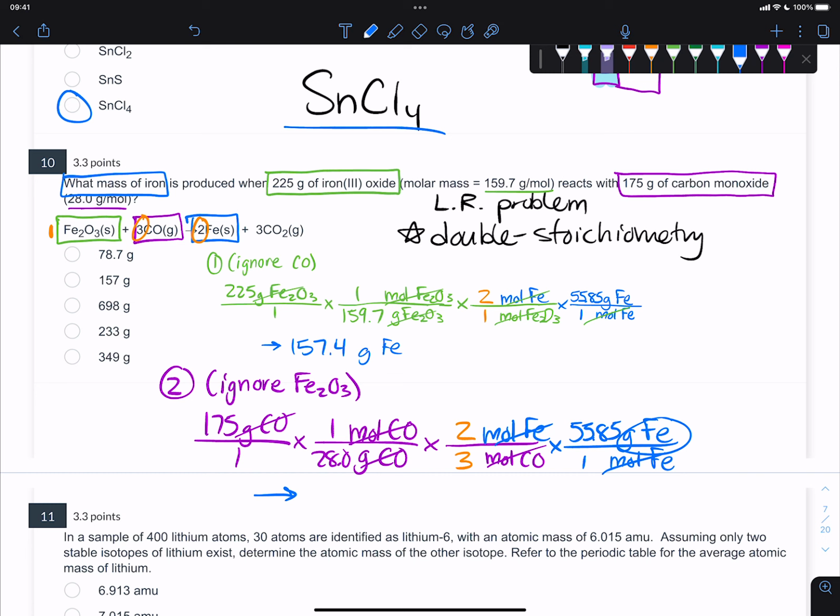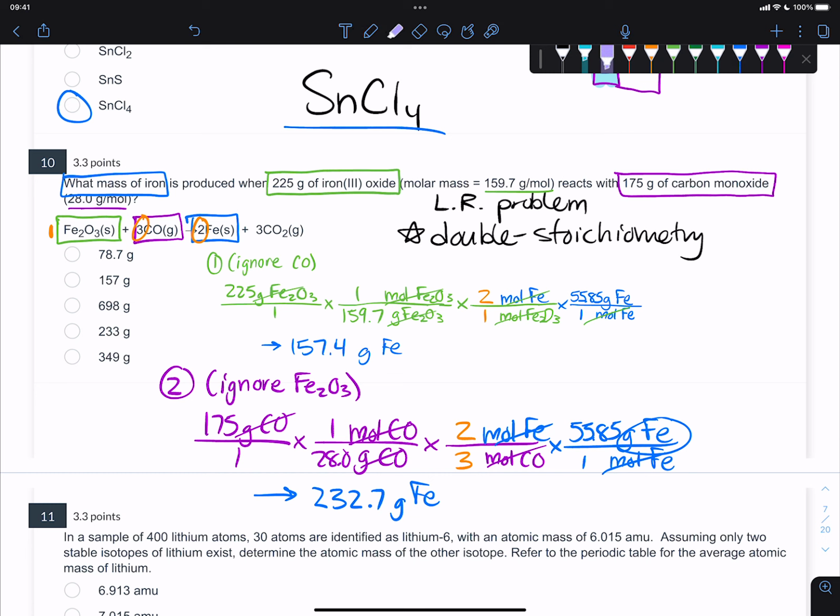So the math here is going to be 175 times 2 times 55.85, all divided by 28.0 times 3. And we get that we could make 232.7 grams of iron based on this amount of carbon monoxide.